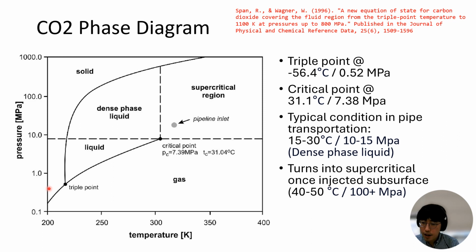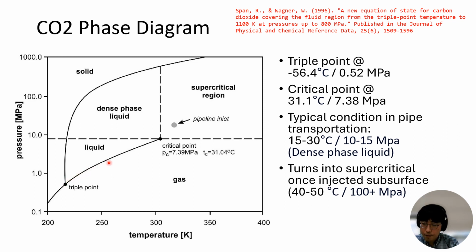And in this phase diagram, we have two crucial points. The first point is the triple point, and the second point is the critical point. The triple point is the temperature and pressure where the CO2 can exist in any state, like solid, liquid, or gas.